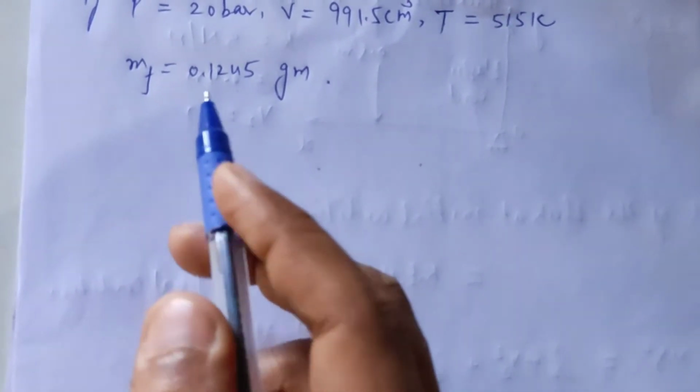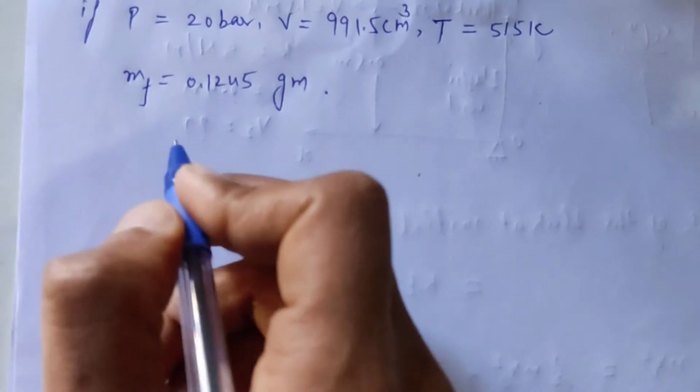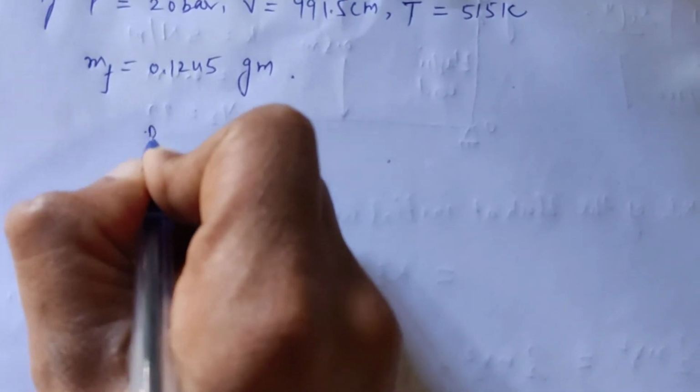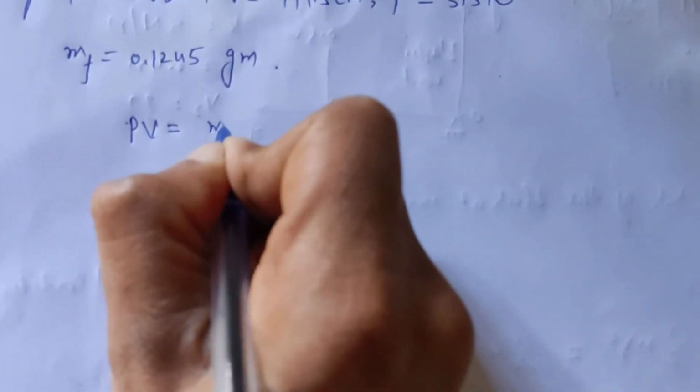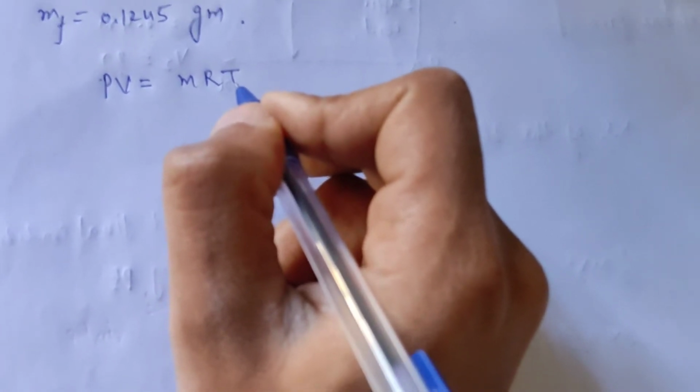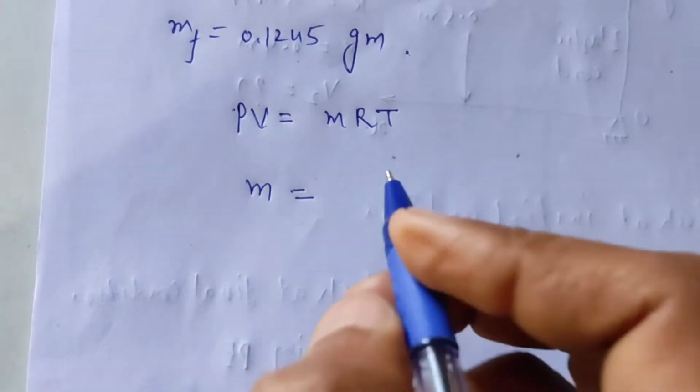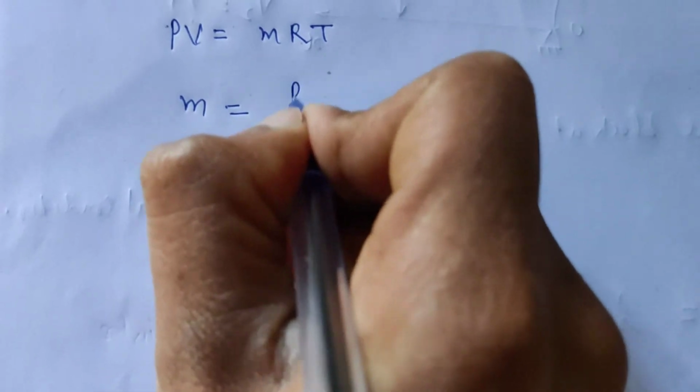For the mass of air, we will write the ideal gas equation, which is PV equal to mRT. So we are treating air here as an ideal gas. So mass of air will be equal to PV upon RT.